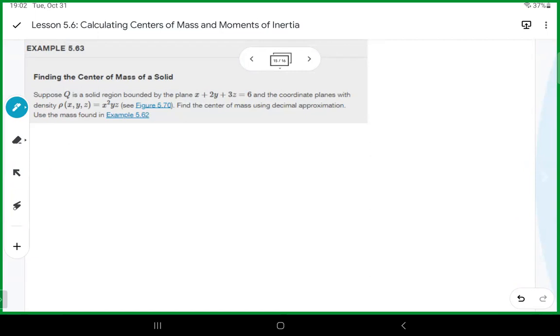First, we need to find the moments about the XY plane, the XZ plane, and the YZ plane. So we're going to find some moments first. We may need an extra slide, I'm not sure.